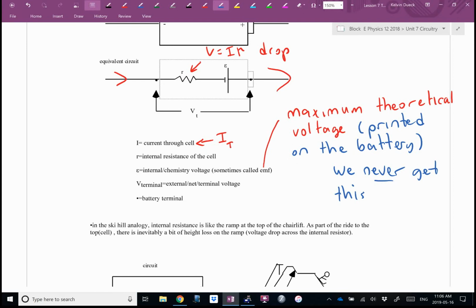You lose a tiny bit of height just getting off the chairlift. You lose a tiny bit of voltage just going through the battery. Where the analogy breaks down, unfortunately, is that because this is I times R, as current changes, the height of that hill changes. In real life, the ramp getting off the chairlift doesn't change, but my ski hill analogy has carried us pretty good so far, so we'll continue it.